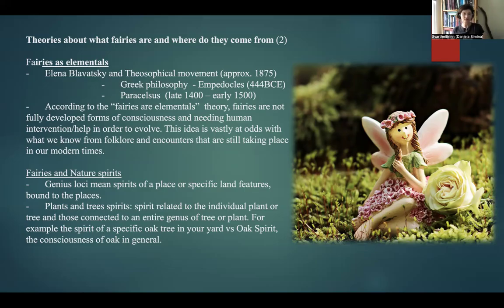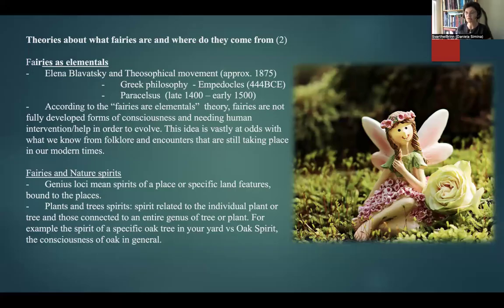So back to theories about what fairies are and where they come from. There is a theory of fairies as elementals. First of all, we need to be aware that behind this theory is a lady named Helena Blavatsky and the Theosophical movement.